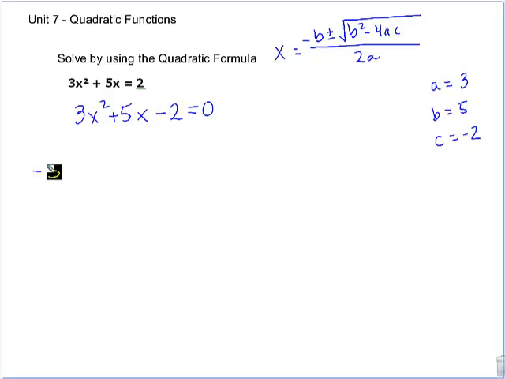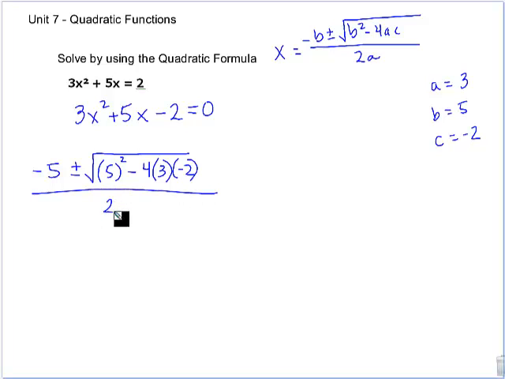So negative b is negative 5, plus or minus the square root of b squared, so 5 squared, minus 4 times our a, which is 3, and our c, which is negative 2, all over 2 times our a, which is 3. First, when we're doing this, you just want to simplify down your discriminant.